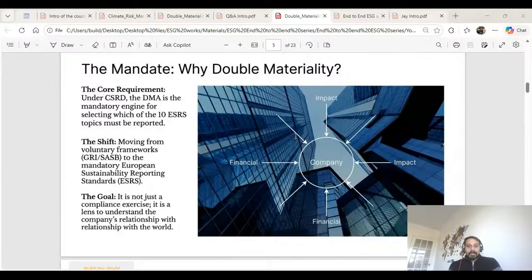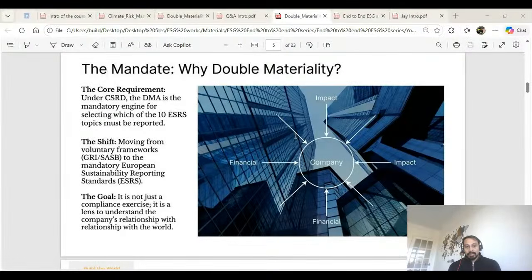Previously companies did voluntary reporting, but now ESRS makes the double materiality assessment legally mandatory for European countries and European operations. In a similar way, slowly ISSB and IFRS, which are accepted by most jurisdictions, around 27 jurisdictions across the globe, are also going to implement this double materiality assessment process for their reporting.